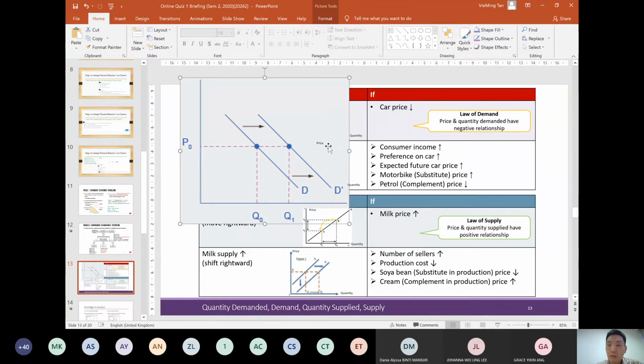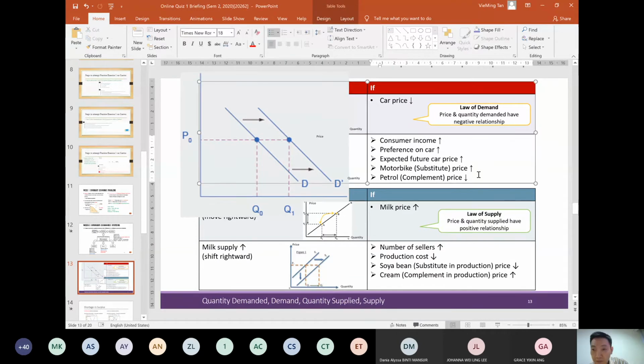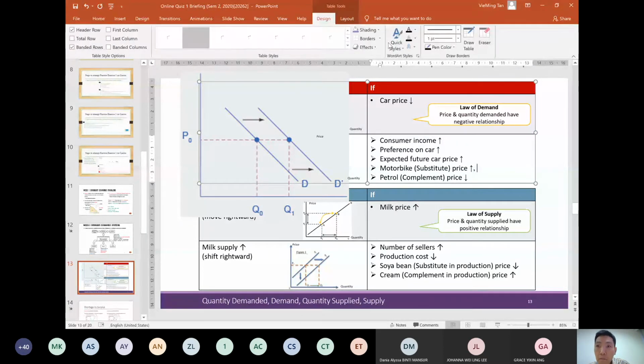But you may find that the price of the car is still the same. But because the motorbike price is increasing, as a result, this is going to increase the demand for car.